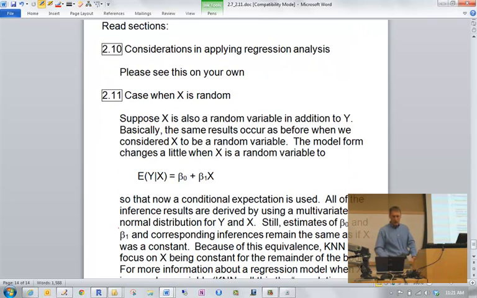Okay, so I have a question. If you have a really small R squared, does that mean your model is not good? Not necessarily. It depends upon the application itself.